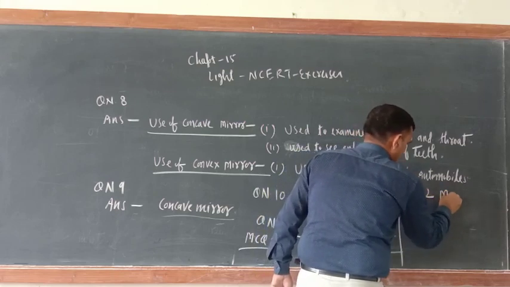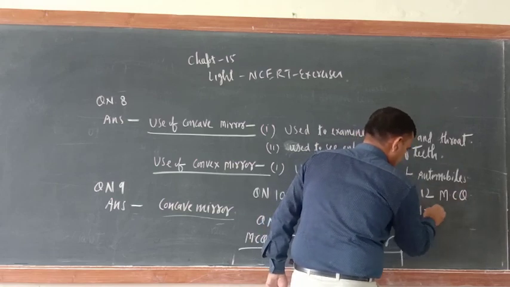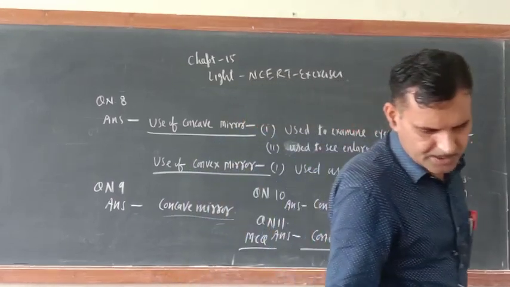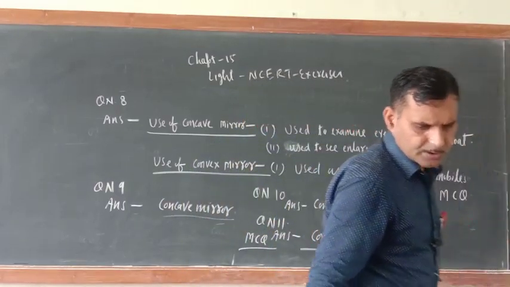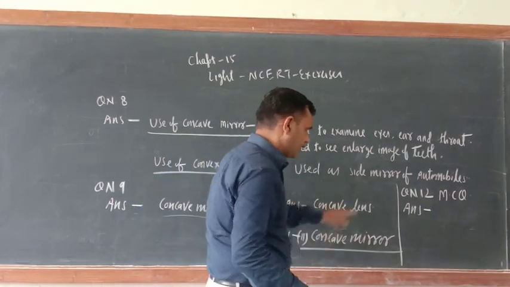This is also MCQ only. What is the correct option? So this is the concave mirror. Correct option is second. Option second.